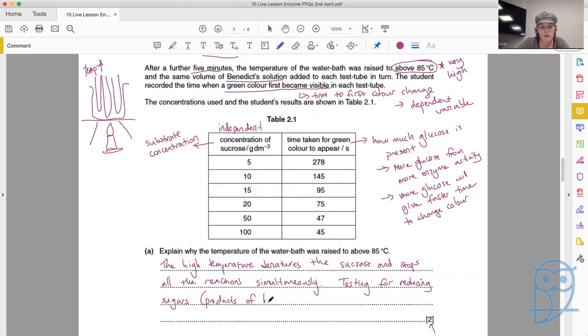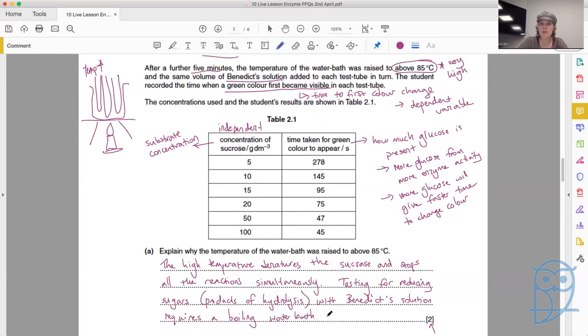Products of hydrolysis require testing for reducing sugars, products of hydrolysis with Benedict's solution requires a boiling water bath.